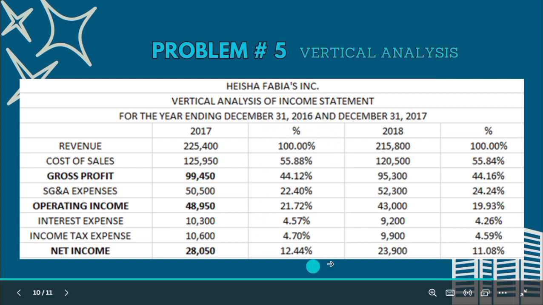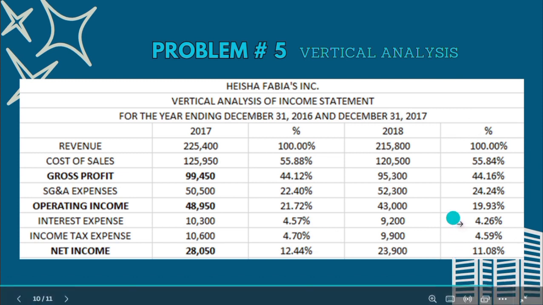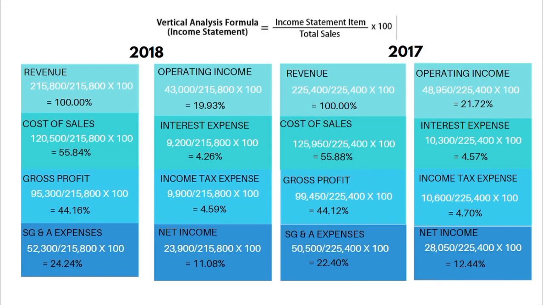Lahat ng to ay value ng each item noong 2018. So, itong mga nakikita nating percentage ay yung mga vertical analysis percentage. So again, we should always keep this in our mind na ang formula to get the vertical analysis of an income statement is income statement item, yung value nun, divided by total sales times 100.